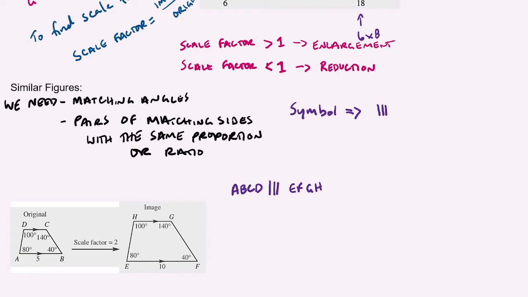Well, how did we find that? We've got two sides here, a side of 5 and a side of 10. So we use our little formula that we saw before, of the image or new length. We call it image length simply because sometimes it's based off an image, over the original length.